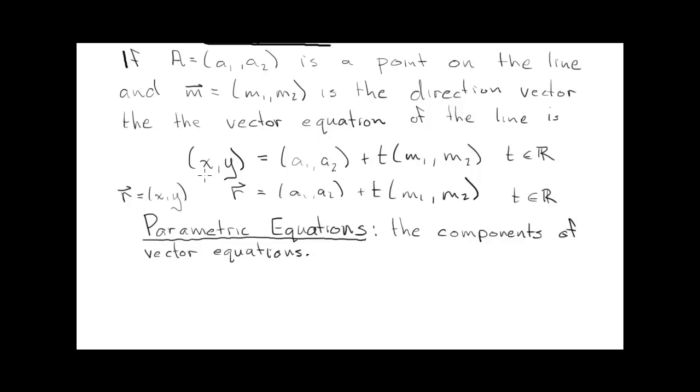An x component and a y component. So you're going to have one equation for x and one equation for y. The x equation in this case would be a1 plus t times m1, and the y equation would be a2 plus t times m2, where t is any real number. Okay, so that's parametric equations. So you have vector equations, and then related to that, parametric equations.